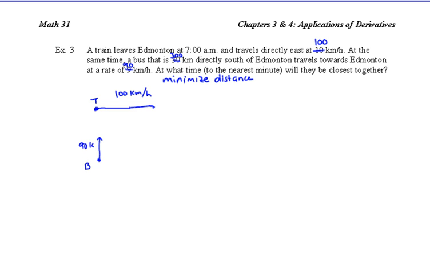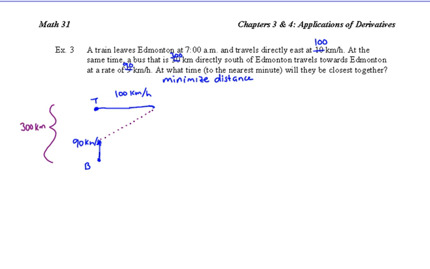And how far apart is, there's 300 kilometers between them. So this distance here is 300 kilometers. And at some point, we want when the distance between them is minimized.